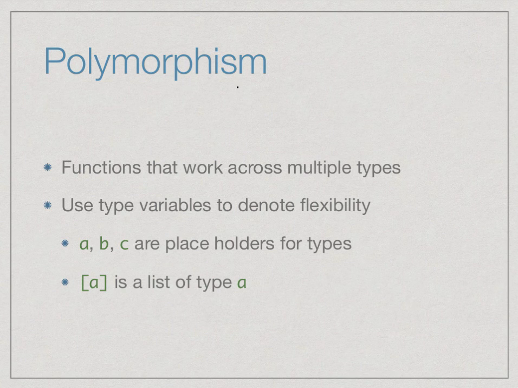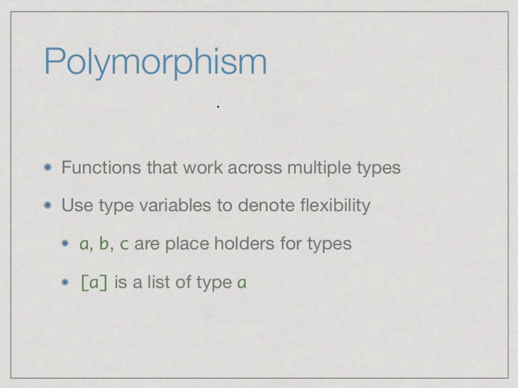So it would be nice if we could assign within the type system that Haskell uses for each function a type which will allow a function to work across multiple input types like this. So we would like reverse, for instance, to work on lists of int or lists of float or even lists of lists, so long as the underlying value is a uniform type.